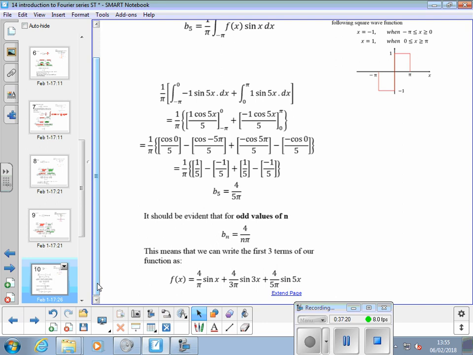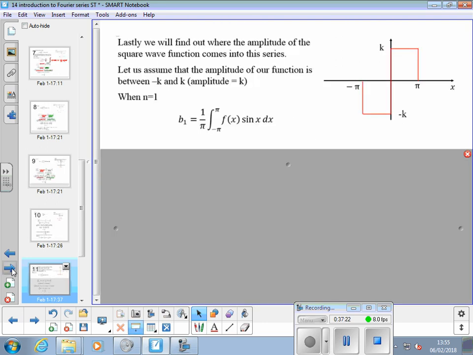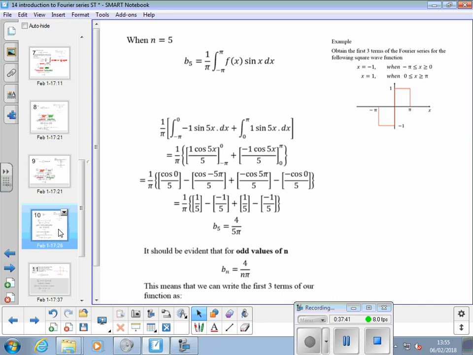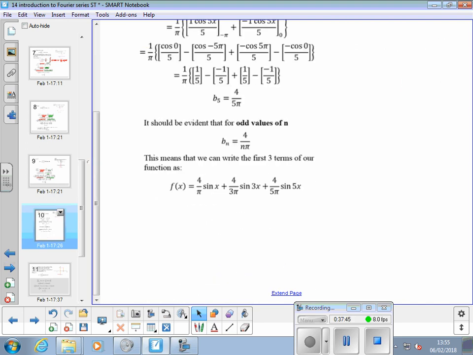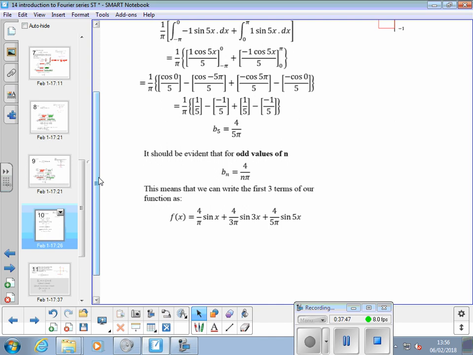So, what I just wanted to do, lastly, was look at where the amplitude of the square wave comes in to that resultant function. And I suppose what you really ought to have done was put, I have got it on the page, that is effectively, we can write the first 3 terms as that.